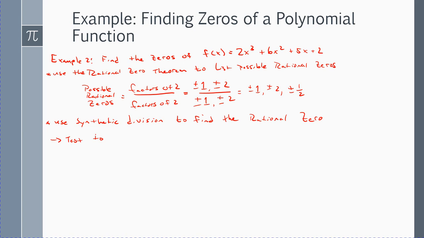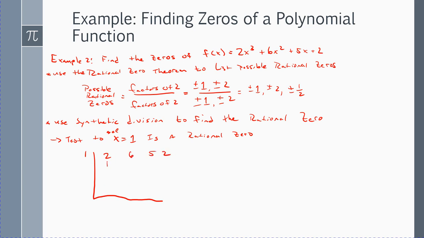All right, so let's test to see if x is equal to 1 is a rational 0. So let's bring the coefficients over. 2, 6, 5, and 2.